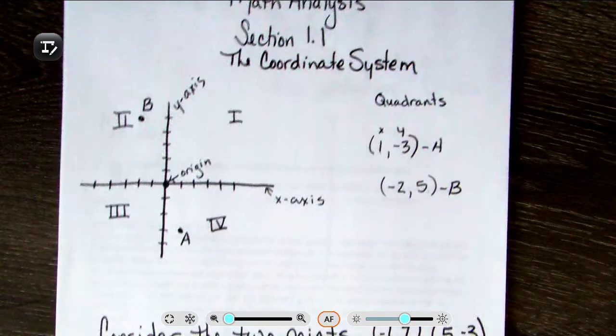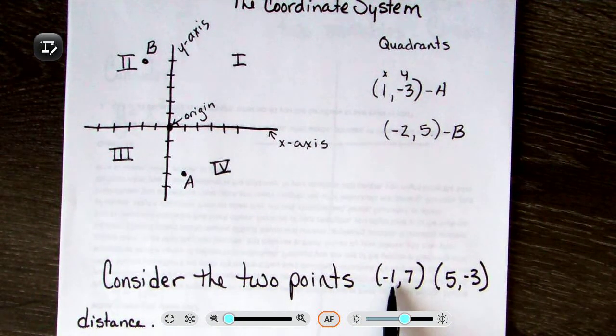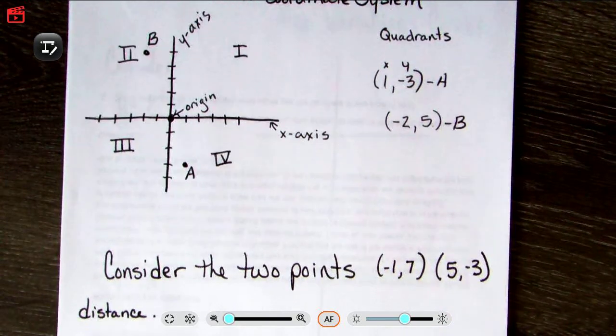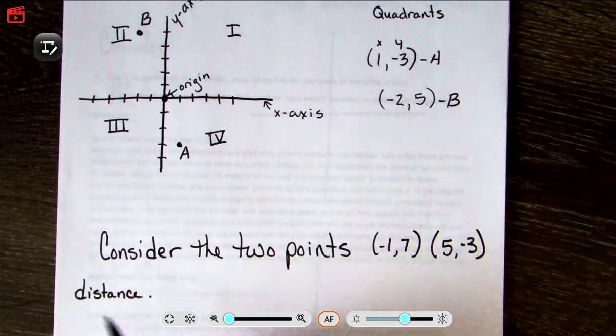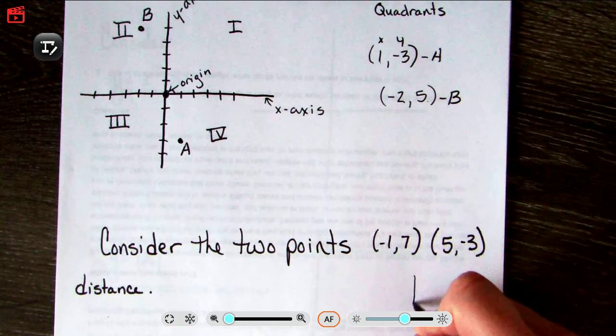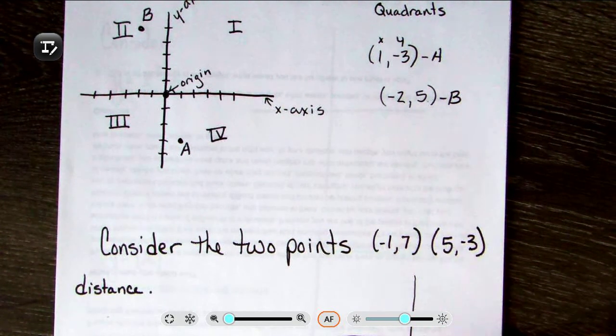All right, let's consider 2 points. So I have the 2 points, negative 1, 7, and another point, 5, negative 3. And I'm going to try to find the distance between those two. So there is a formula, but I want to make sure you understand where this formula comes from.